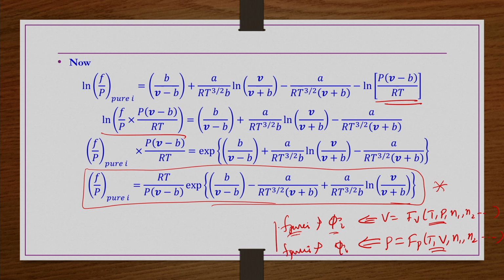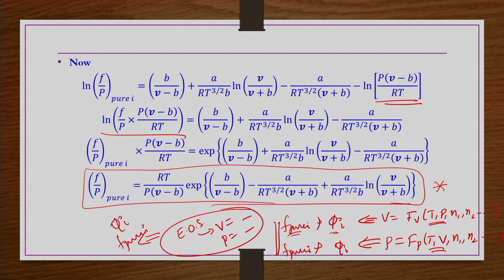Okay. Now, let us say you have one equation of state, and you can write it in a volume explicit form as well as a pressure explicit form, right. Then will both these equations provide the same phi i or f pure i, or a different expression? That we have to cross check.